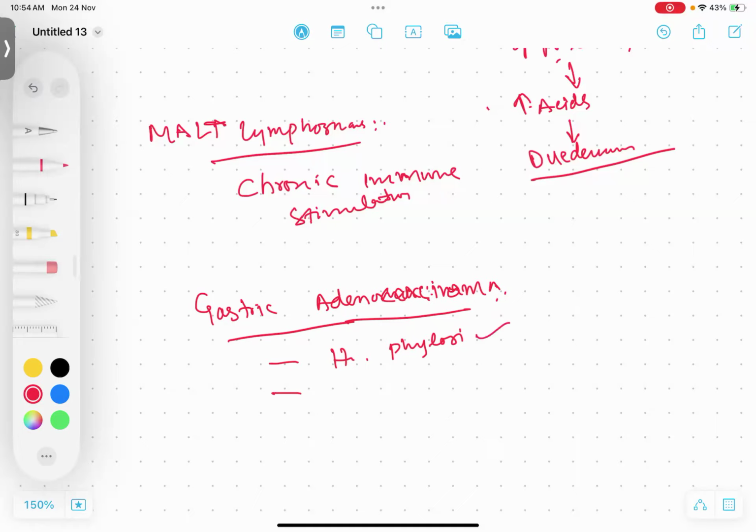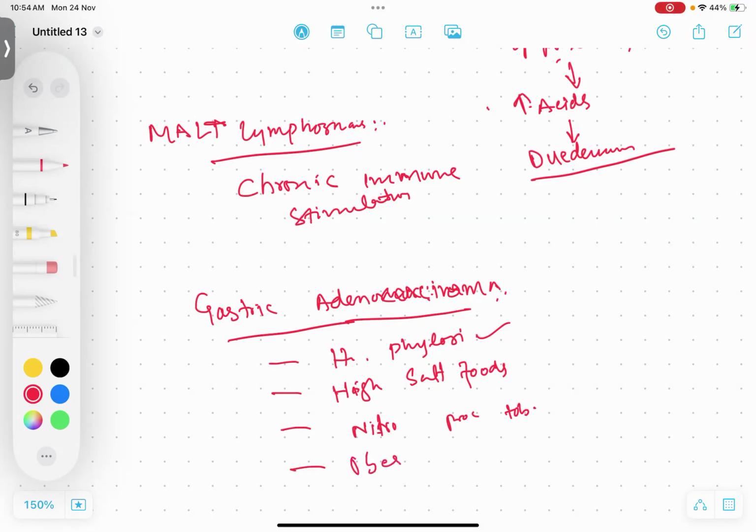So you can say important causes are this H. pylori. Another important cause is consuming high salt food, right? Also nitrosamine containing compounds, for example, processed meats, tobacco, etc. Right?